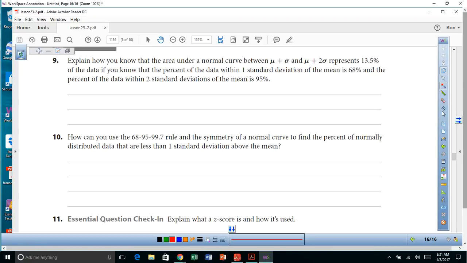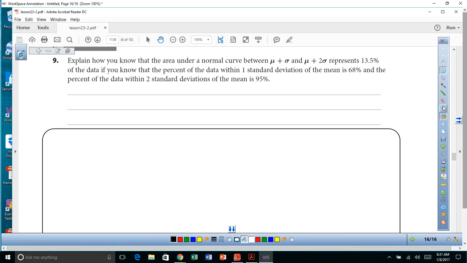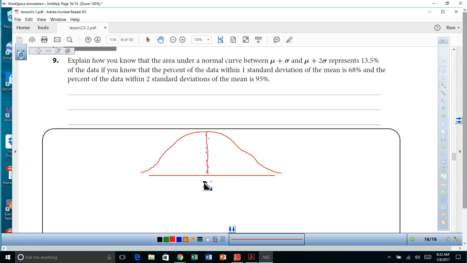Okay. Well, first let me kind of block this out here, and we'll draw us a curve. Our mean is right here. That's our mean. Okay, so plus 1 and minus 1, and then plus 2.